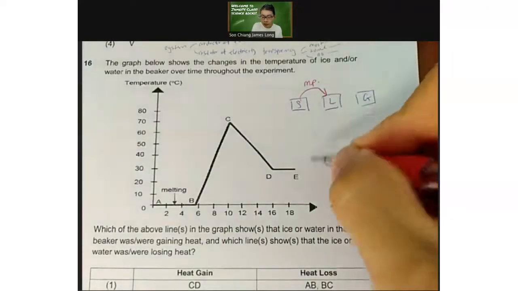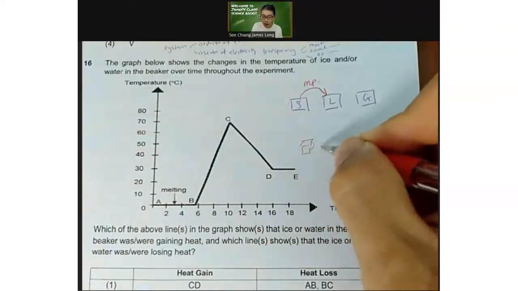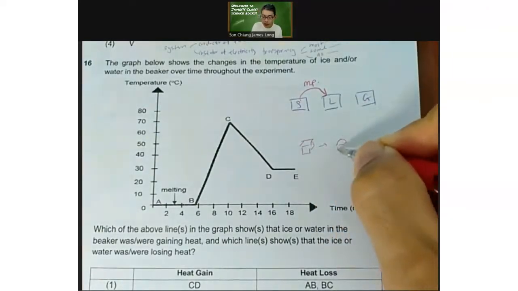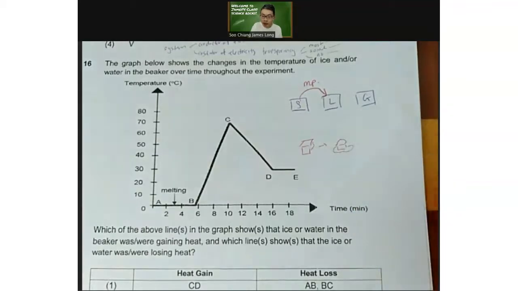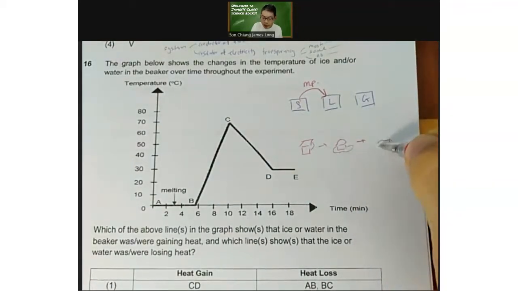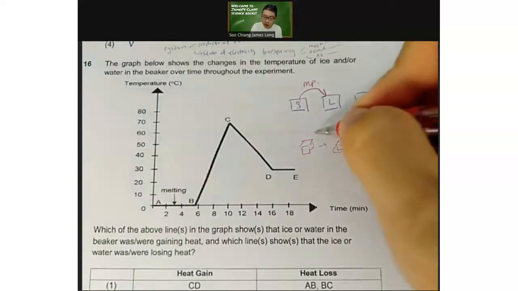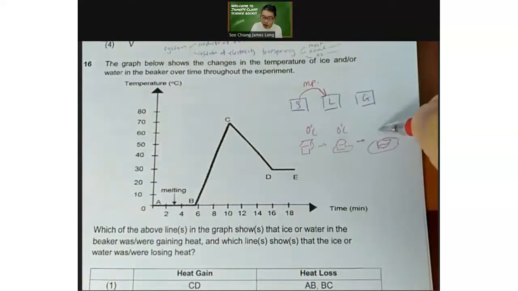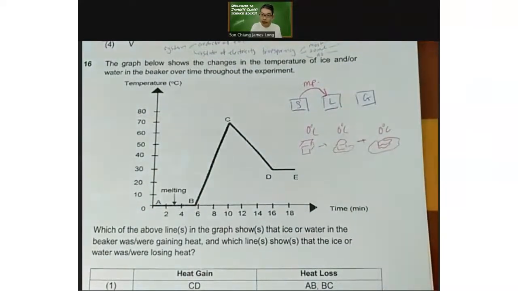So the ice melts from, let's say, an ice cube, to less ice and more water, to even less ice and more water. The temperature for ice here will still remain at 0 degrees Celsius, as for the ice water.